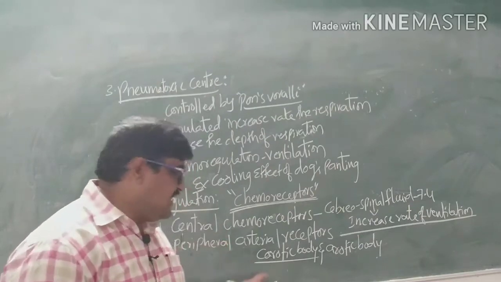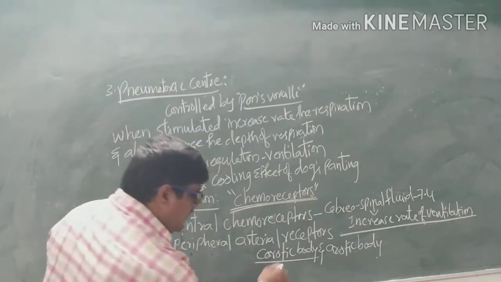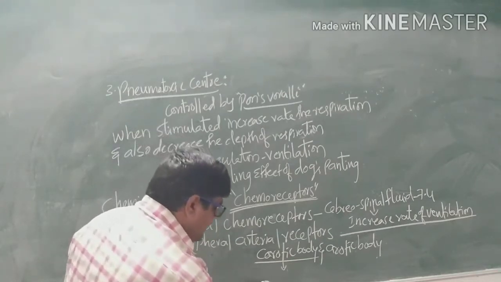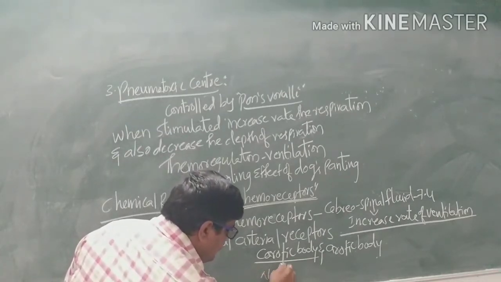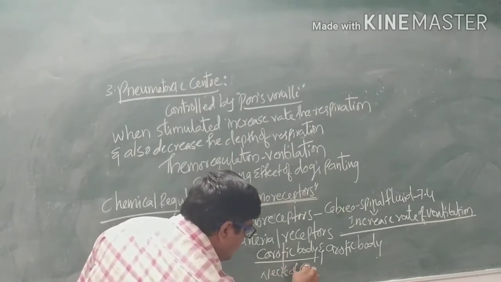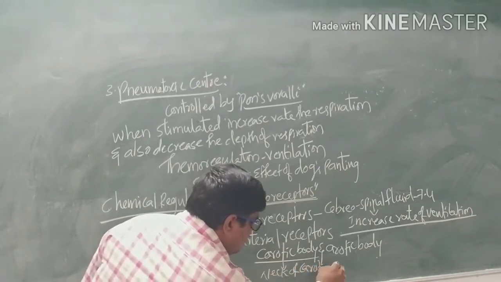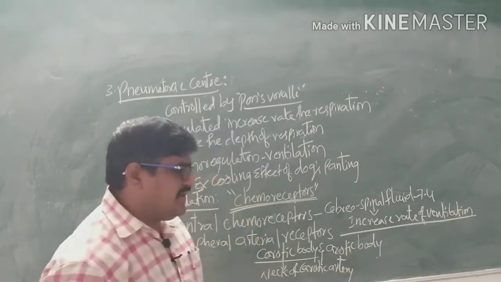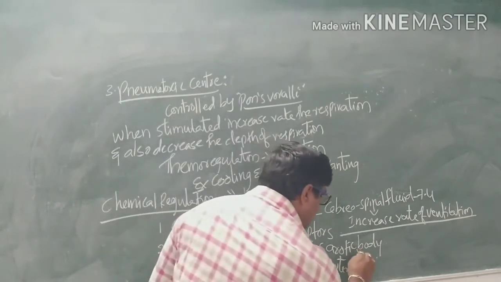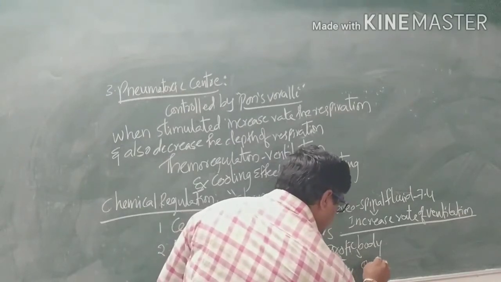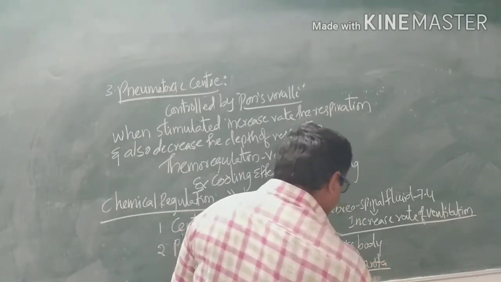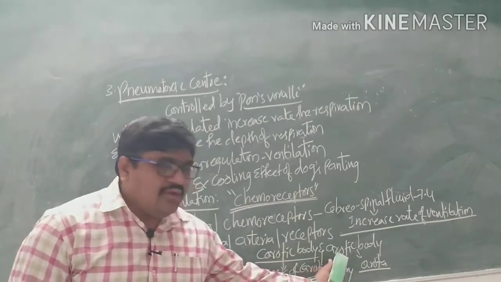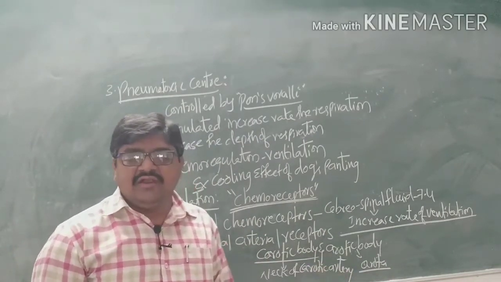It is present in the form of the carotid artery, in the neck of the carotid artery. And the aortic body is present in the aorta. So these are the two bodies, the carotid body and the aortic body.